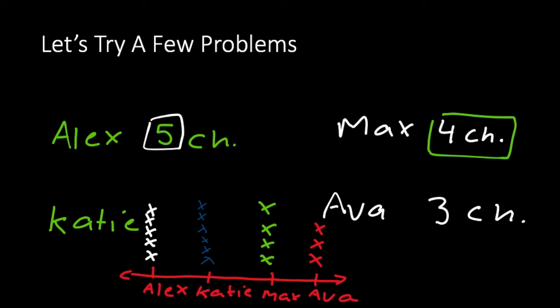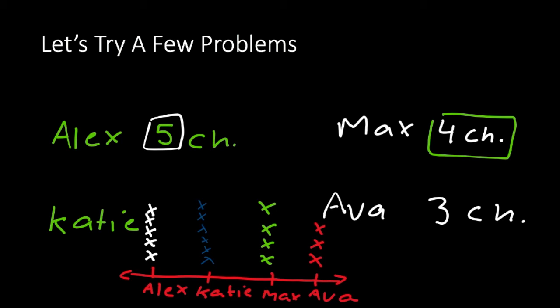So let's say you're having a problem where, okay, Alex has 5 chocolates and Katie has 6 chocolates. Draw a line plot to represent their numbers, and this is how you're going to do it. All you have to do is draw a normal number line, but instead of putting the numbers, you're putting the names, and then on top just put what number they represent.